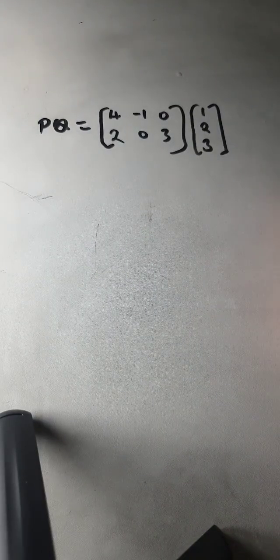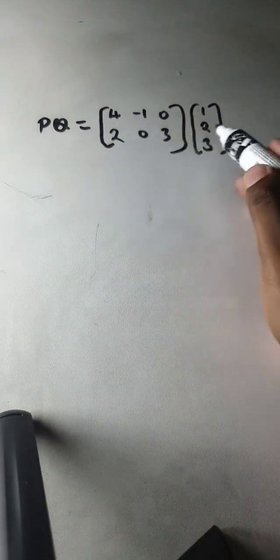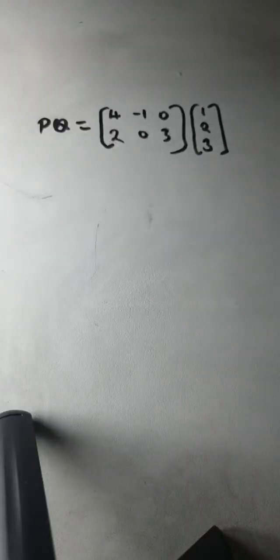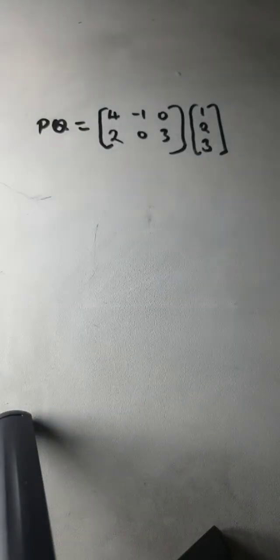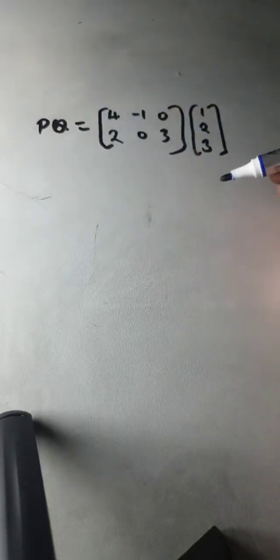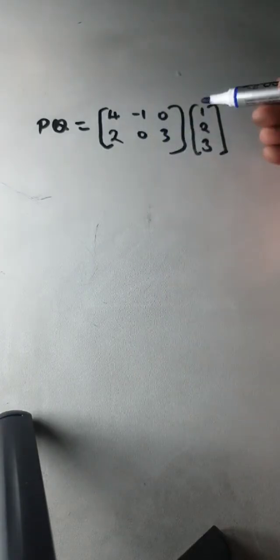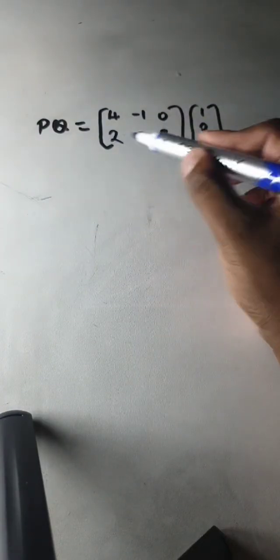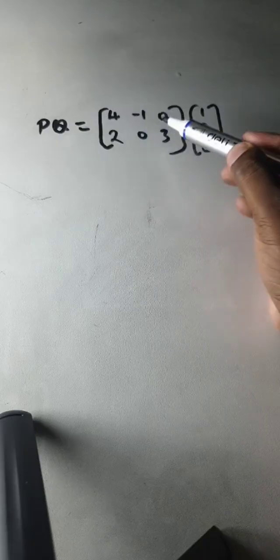So, ladies and gentlemen, we are finding the product of the two matrices. I want you to understand. What we are going to do is row by column. So we have the first row with that column, then the second row with that column again. Now we have 1, 2, 3.